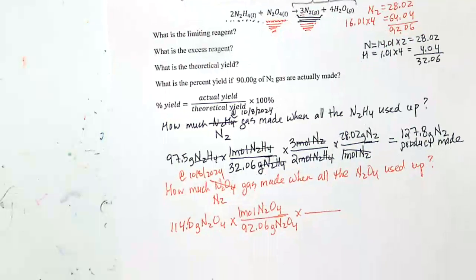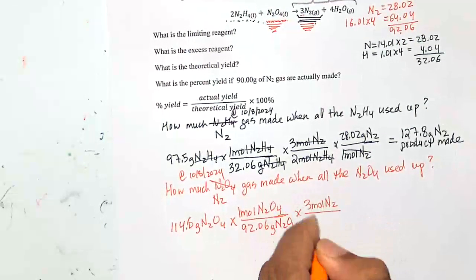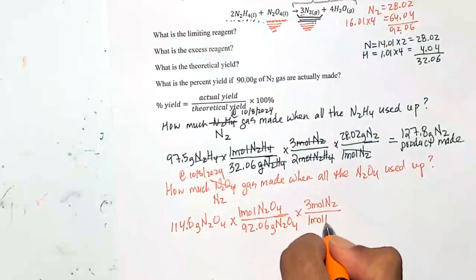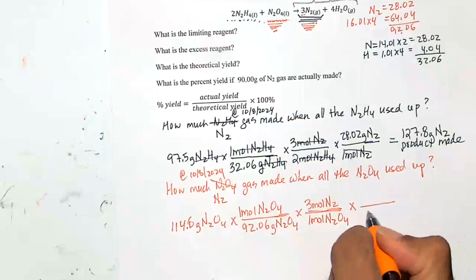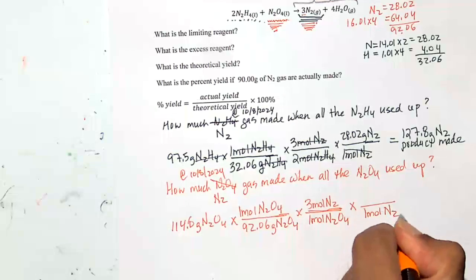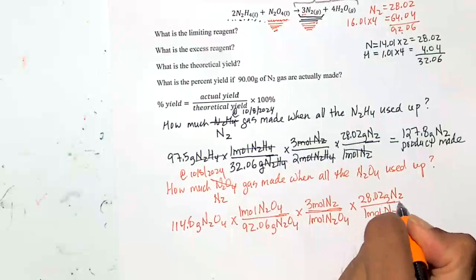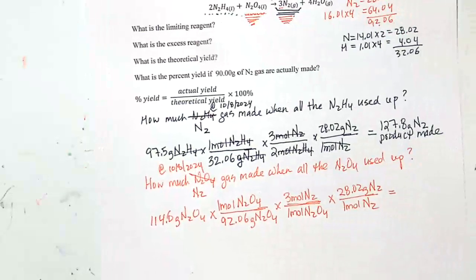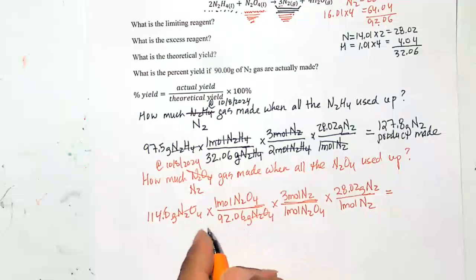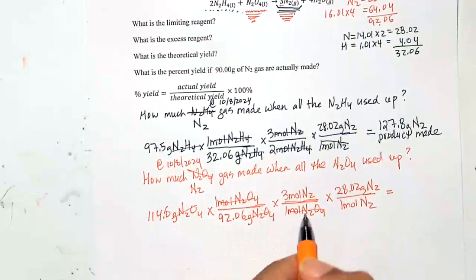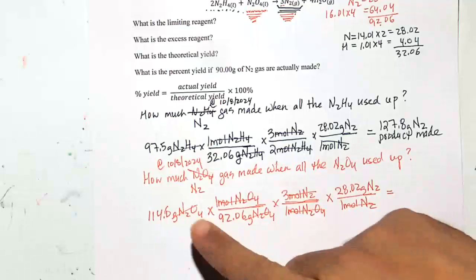For every 3 moles of N2, there is 1 mole of N2O4. And for every 1 mole of N2, there's about 28.02 grams of N2. So the grams of N2O4 cancel, the moles of N2O4 cancel, and the moles of N2 cancel.